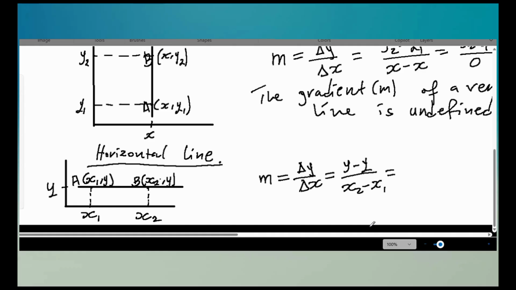Point B, the y coordinate is also going to be 2, and 2 minus 2 is going to give us 0, right? The same thing applies here as we did for the vertical line. The change in y, y minus y, is going to give us 0. And then we're going to have the change in x, which is x2 minus x1.